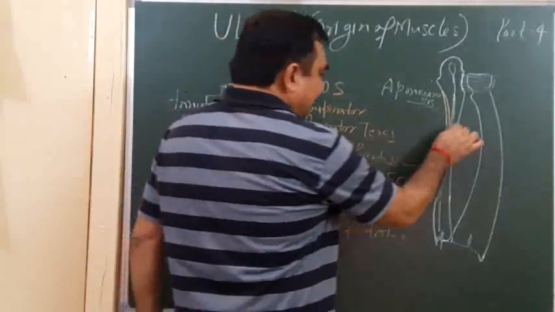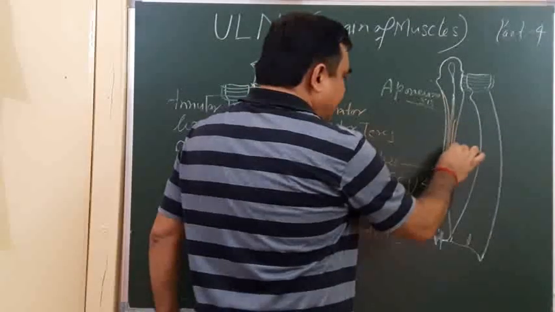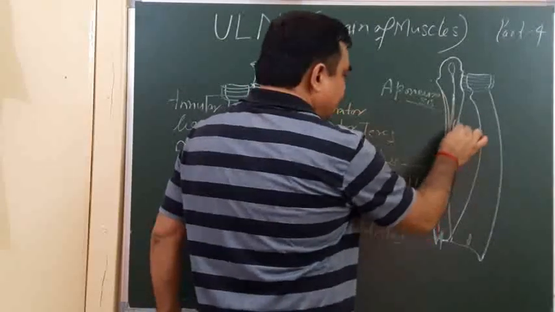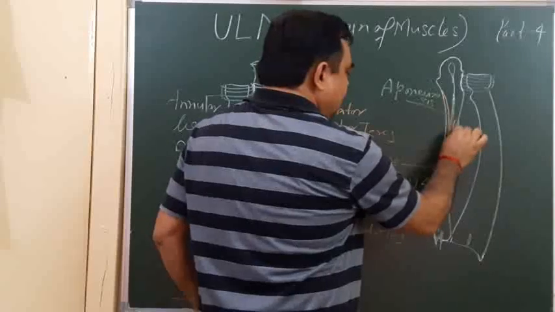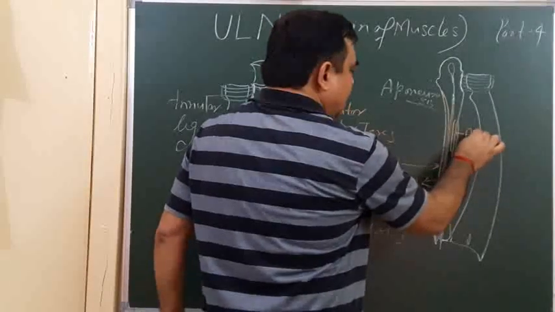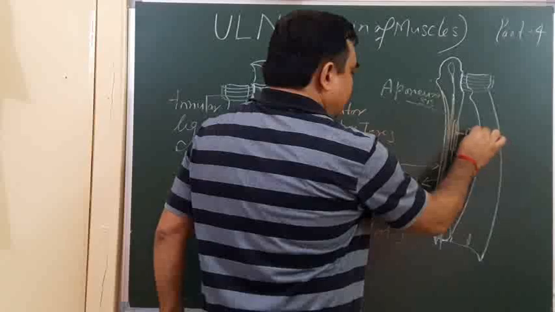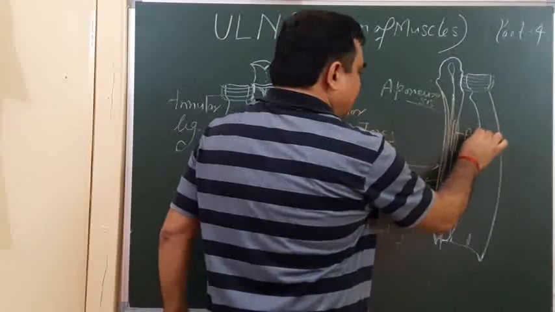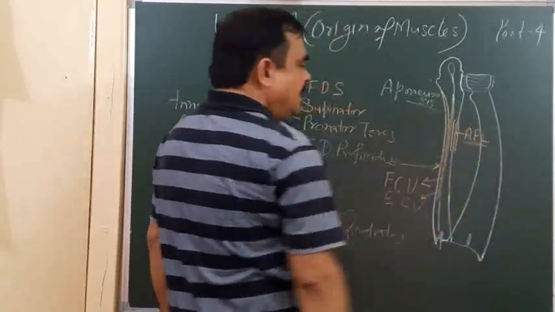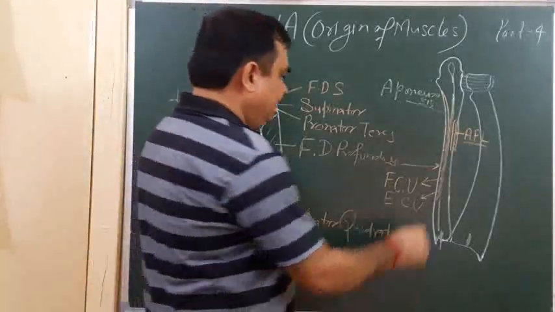Another muscle which arises from this part is abductor pollicis longus. This is abductor pollicis longus.